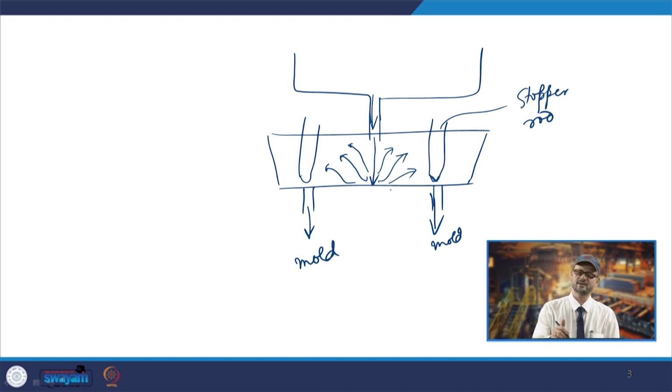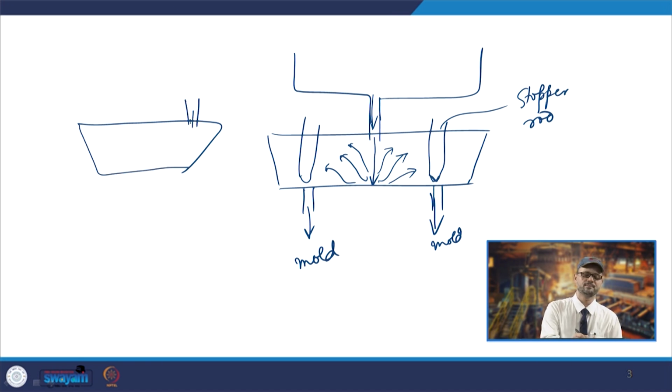The metal is divided into different streams in different directions, depending also on the configuration of the Tundish. If you have a Tundish with the inlet here only and the outlet only here, in that case the liquid metal will hit here and then it has to move in this direction.